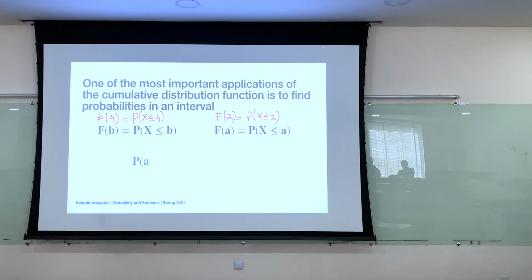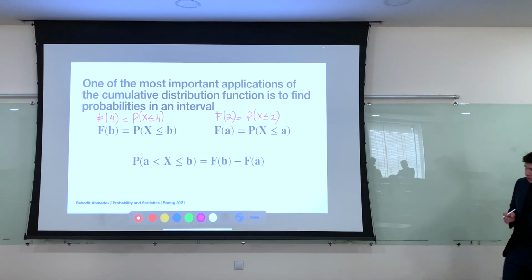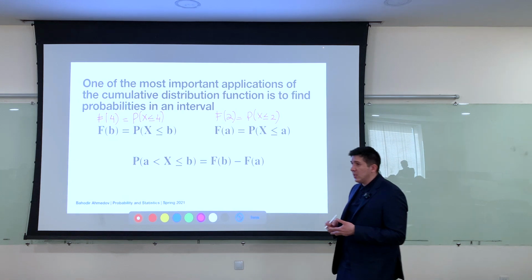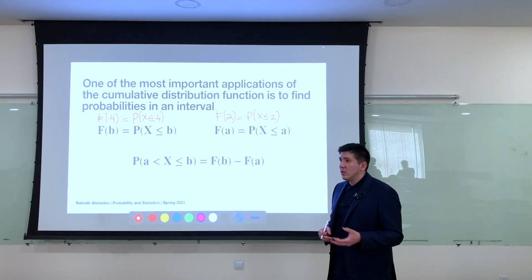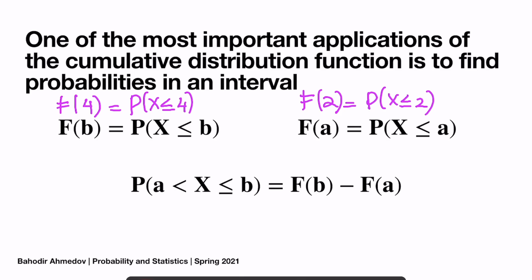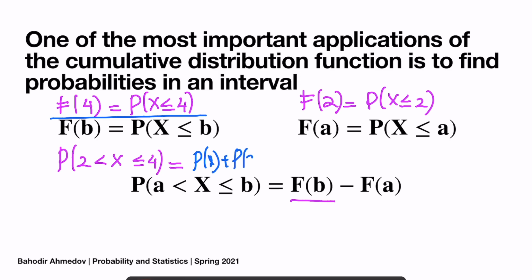So if I would like to know what is the probability of X between 2 and 4, it is simply going to be the subtraction of F of 2 from F of 4. It is super important. It is really important. You need to write this down. So here, the probability of X between 2 and 4. What is F of 4, by the way? Could you please tell me what is F of 4? It is P of 1 plus P of 2 plus P of 3 plus P of 4, right?